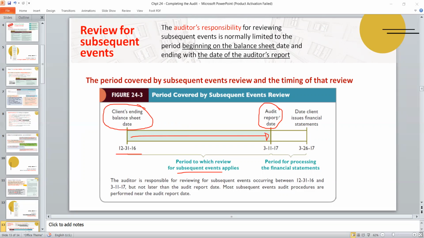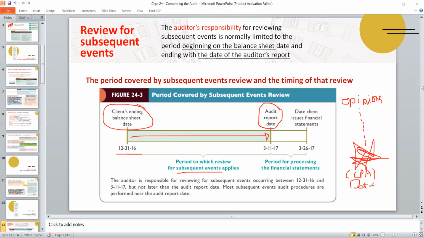The date of the audit report is in the opinion page of the audit report. At the end of the opinion is the signature of the CPA, the partner, and below there is a date.